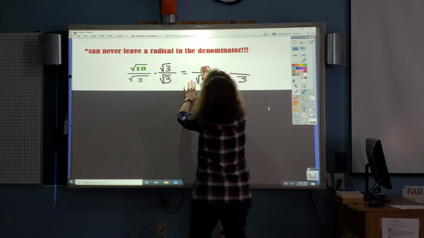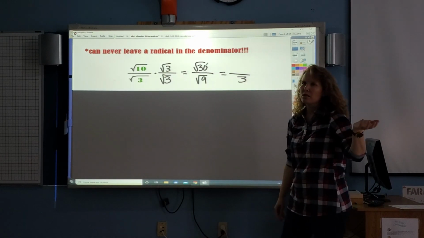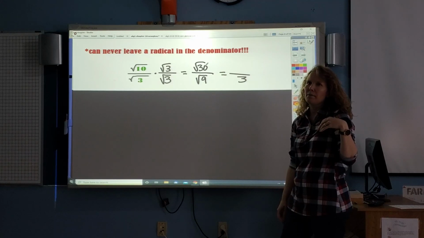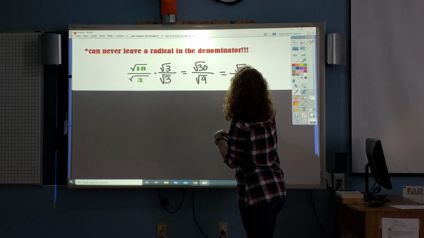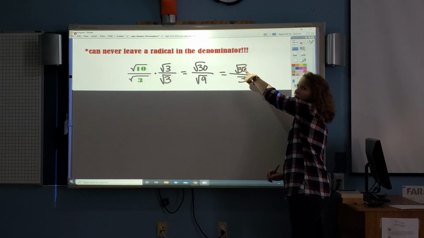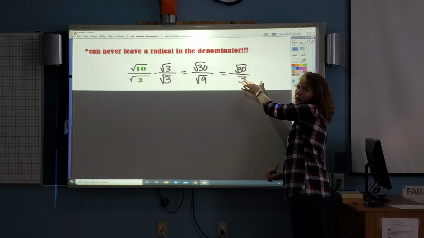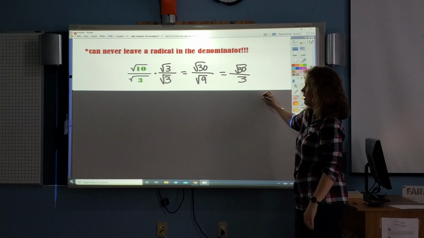The top is the square root of 30. So take a minute, think about all your perfect squares. Is there a perfect square that will go into 30? No, so it's going to be left like this. Let me tell you right now, you cannot reduce these two. Anything that's under the radical cannot relate back to a number that's not under the radical. So those two are actually unsimplified.